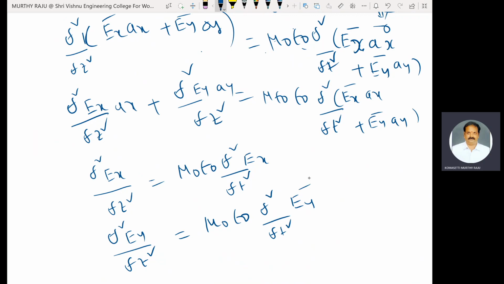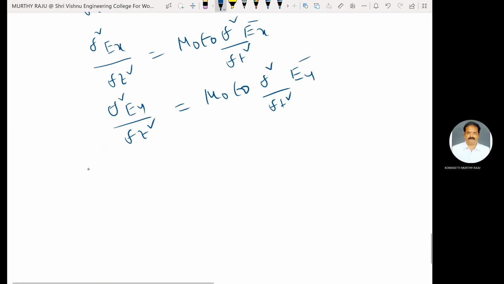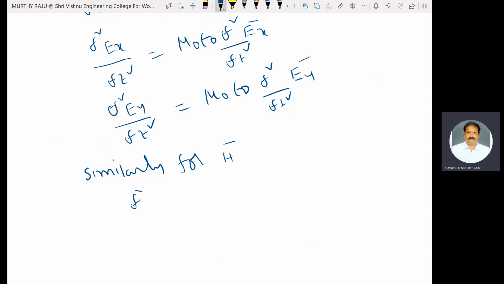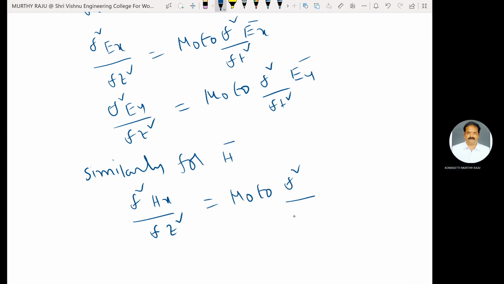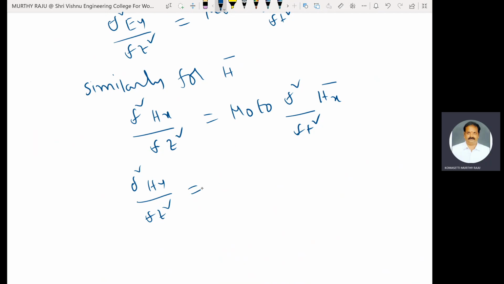Similarly, for H bar, dou square Hx by dou z square is equal to mu naught epsilon naught dou square Hx by dou t square, and dou square Hy by dou z square is equal to mu naught epsilon naught dou square Hy by dou t square.